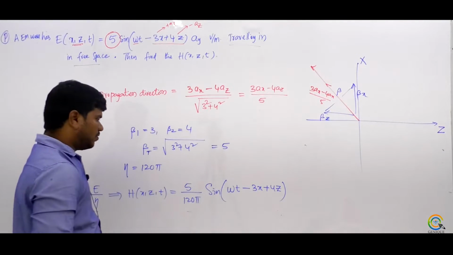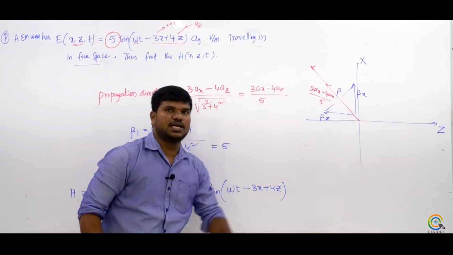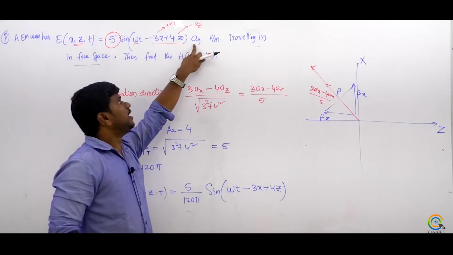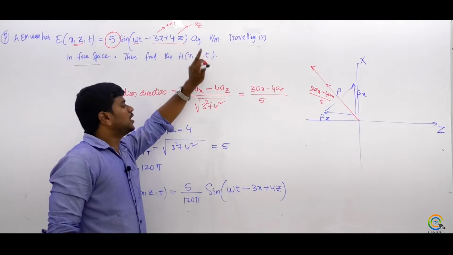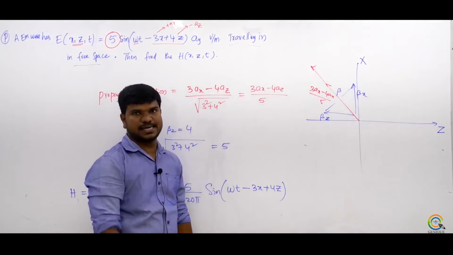What would be the direction now? Identifying the direction of the H field is the challenge. Every time, don't write this wave. Always, the electric field must be perpendicular to the magnetic field, and both must be perpendicular to the propagation direction.